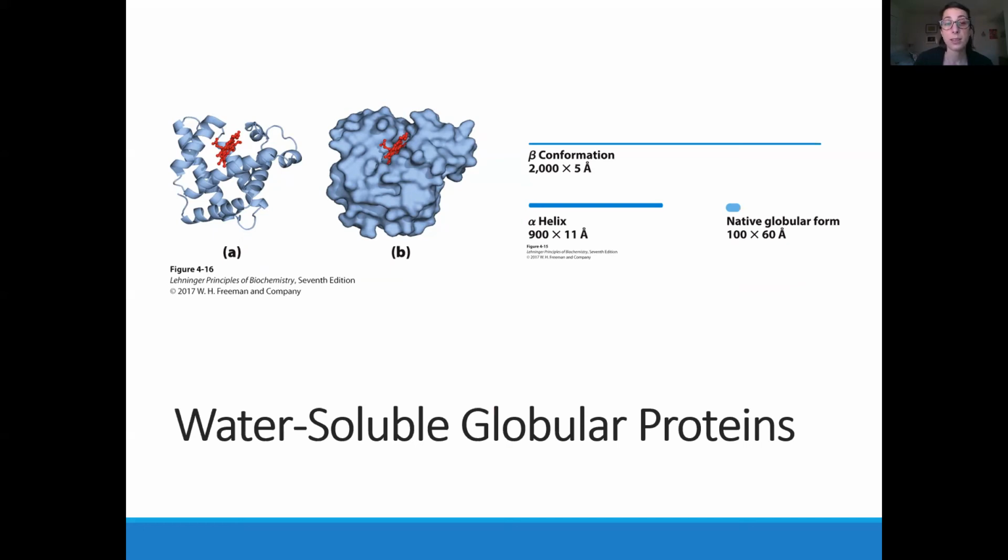Here we'll discuss globular proteins, which have multiple types of secondary structure within one protein. They tend to not have a very structured form in that they don't have repeating units. They don't have a singular strand-like structure. They tend to be more spherical in nature in their final three-dimensional look.